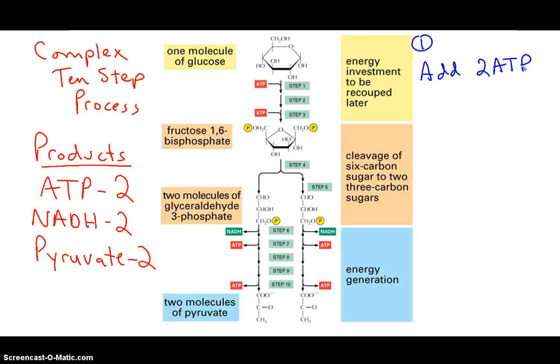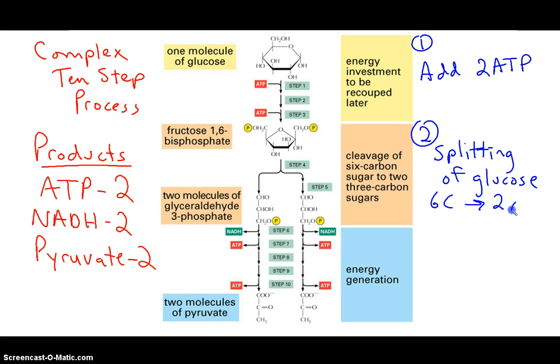It's the energy investment. The second step is the splitting of glucose. So here's where we take a 6-carbon molecule of glucose and we split it into 2 3-carbon molecules. So we haven't lost any carbon yet, but we've split it into 2. And then the final step, here's the payback.